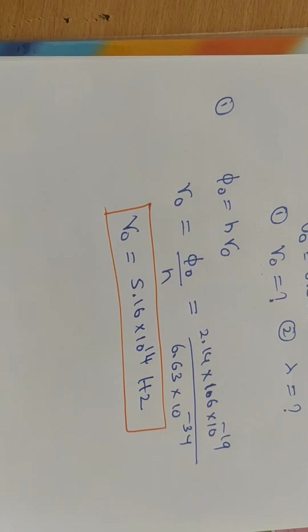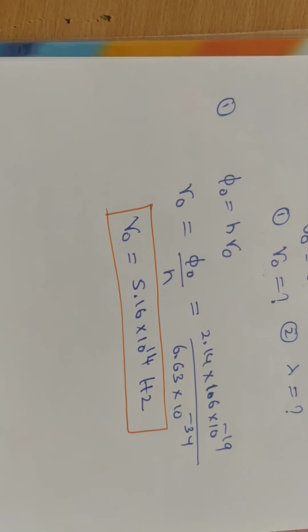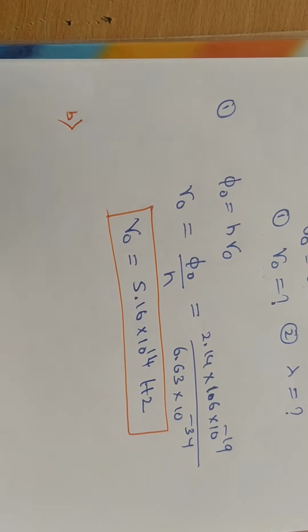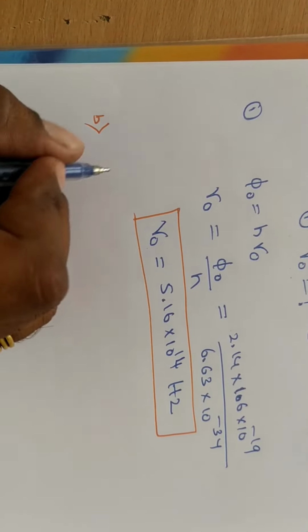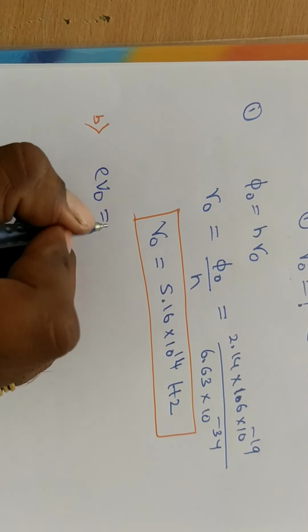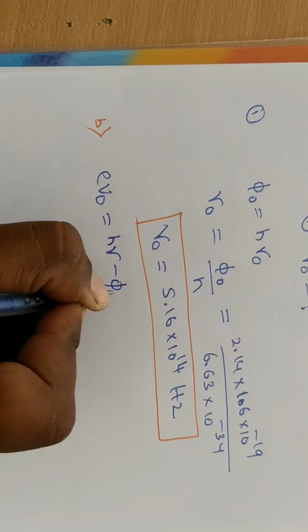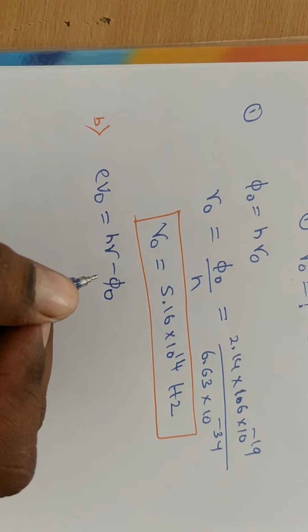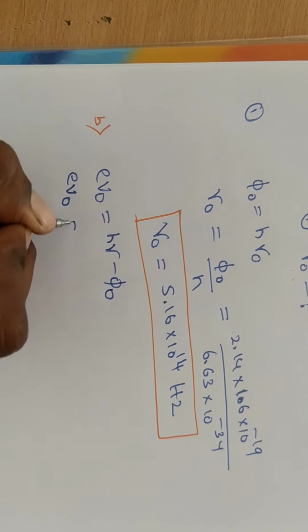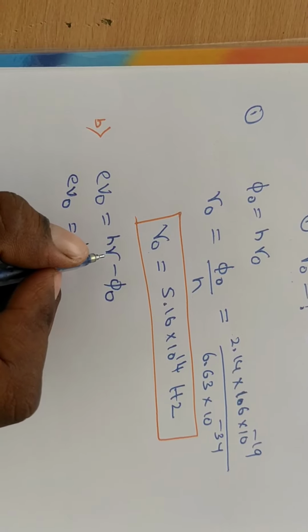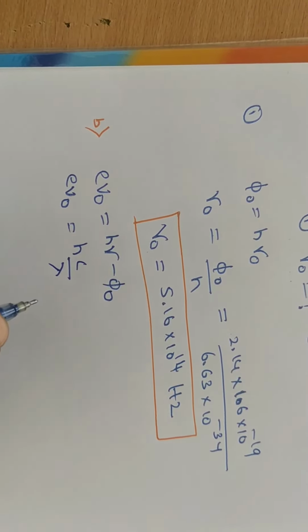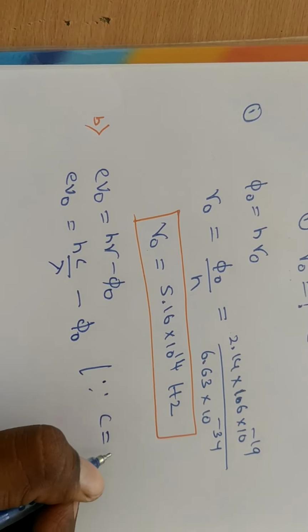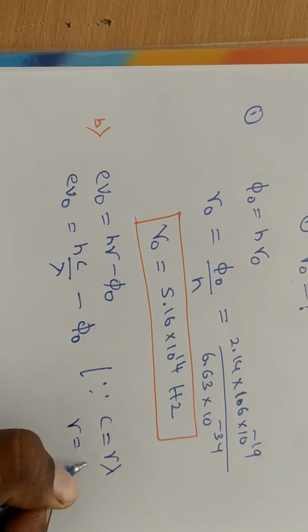The next one, wavelength. Your wavelength formula, second one: eV naught is equal to kinetic energy, eV naught is equal to h nu minus phi naught. Then in place of nu we consider c divided by lambda, because already you know c is equal to nu lambda, then nu is equal to c divided by lambda.